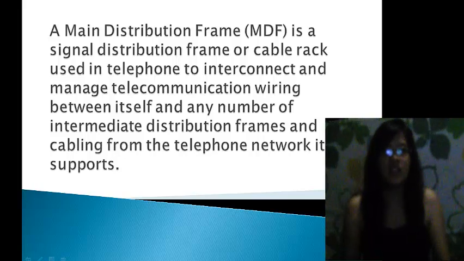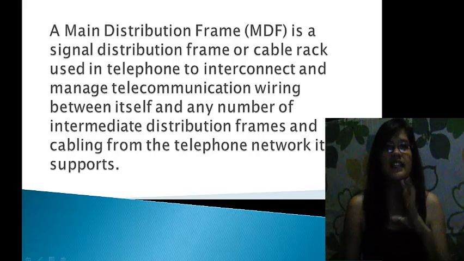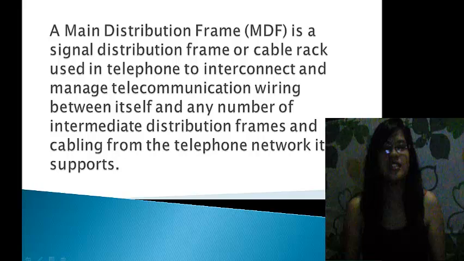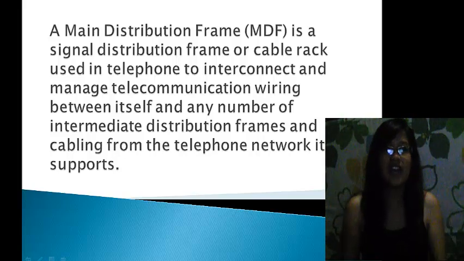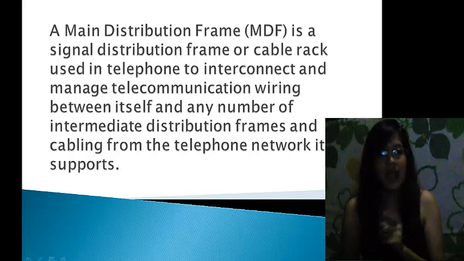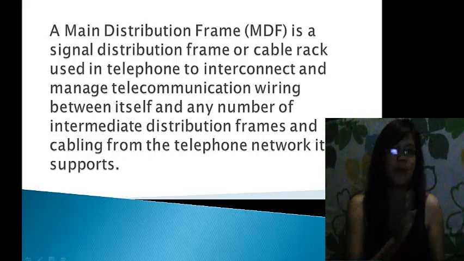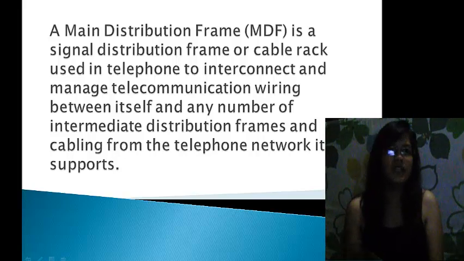Every cable that supplies services to user telephone lines ends up at an MDF and is distributed through the MDF to equipment within local exchanges. Unlike an IDF, which connects internal lines to the MDF, the MDF connects private or public lines coming into a building with the internal network.